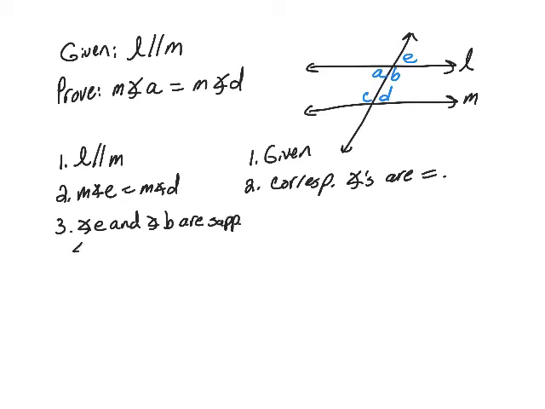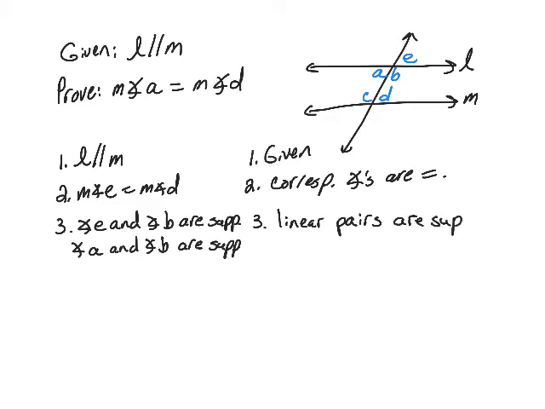And the same line, you can say angle A and angle B are sup. And you can say linear pairs are supplementary. Oops. I haven't used that one yet. Whoops, gotta erase it. Linear pairs are supplementary, or angles on a line, two angles on a line are supplementary.